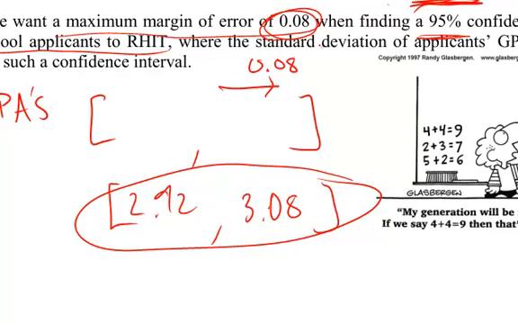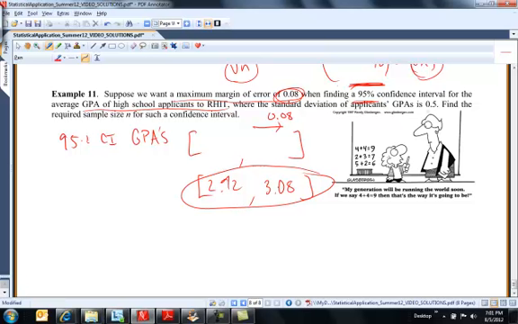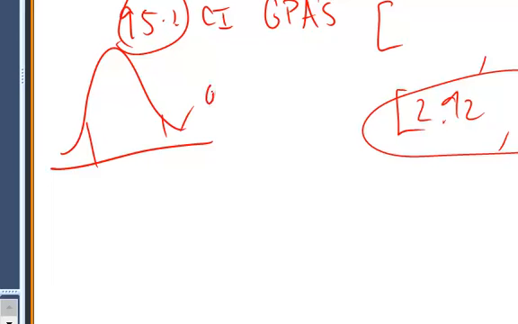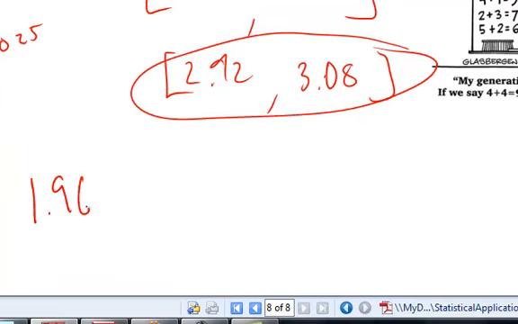Okay, so let me see: 95% confidence interval where the standard deviation is 0.5. Find the required sample size. 95% leaves 0.025 in the tail. That's 1.96. So 1.96 times 0.5 divided by square root of n.